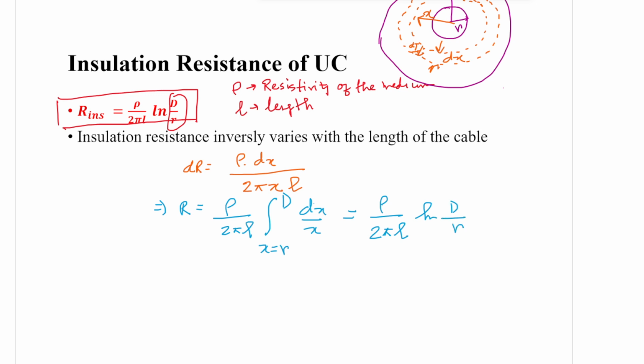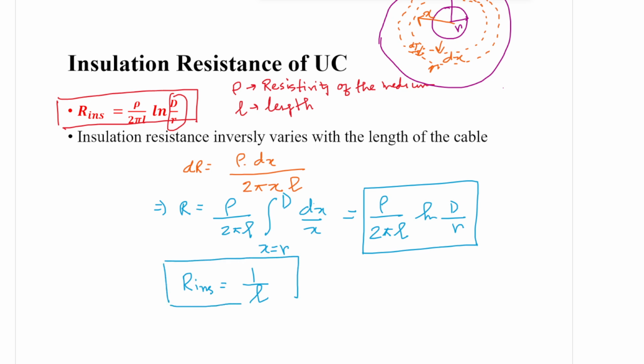This is called the insulation resistance of the underground cable. As can be seen, the insulation resistance is inversely proportional to the length of the cable. So as the length increases, insulation resistance decreases.